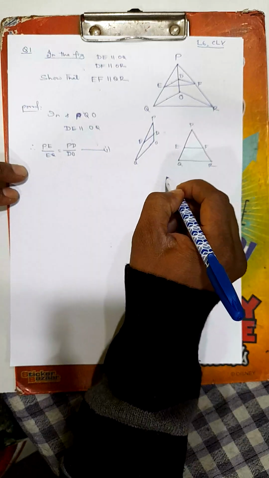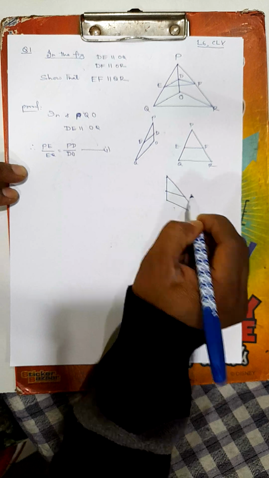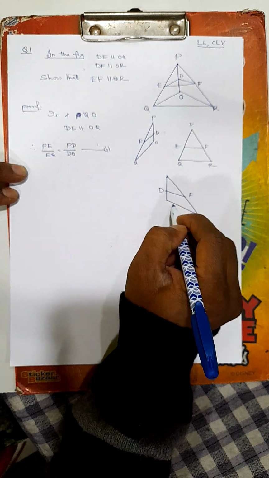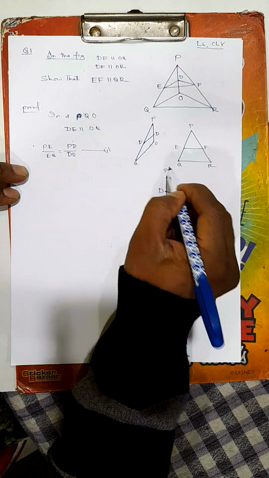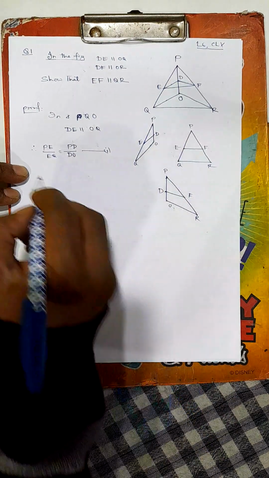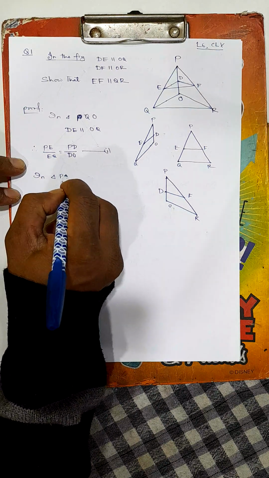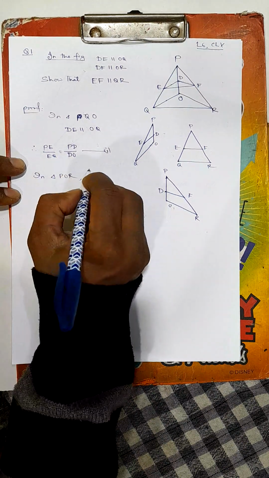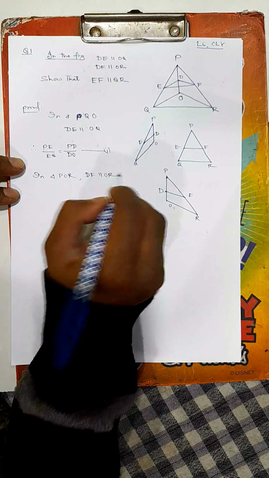Now think about the other triangle. This time DF is parallel to OR, so you consider triangle POR. In triangle POR, you find that DF is parallel to OR.